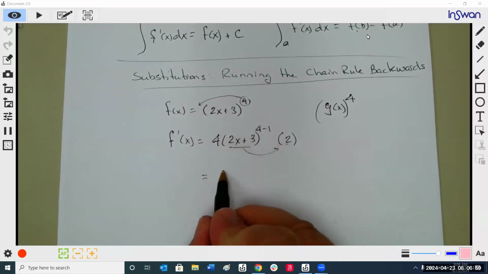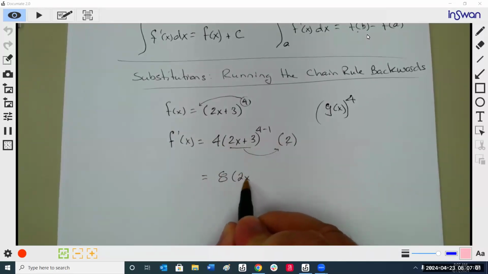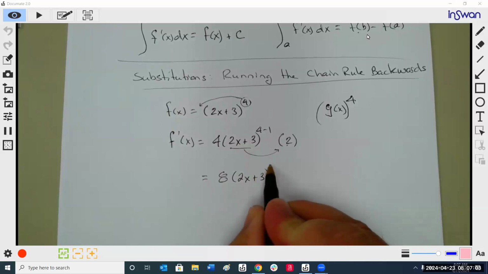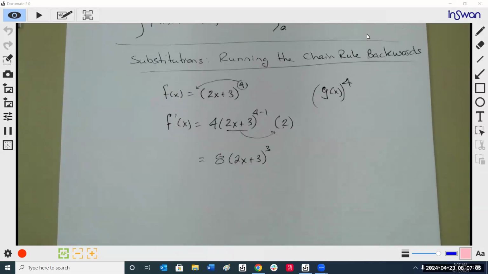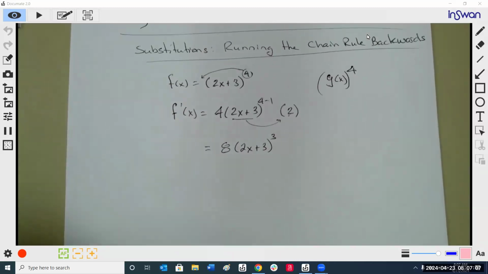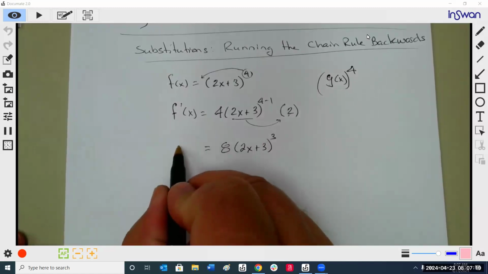So in this case, the answer is going to be 8 times 2x plus 3 to the power 3. So there's the derivative.